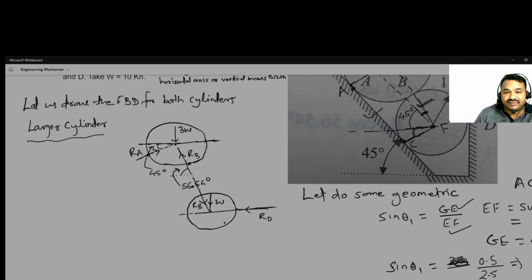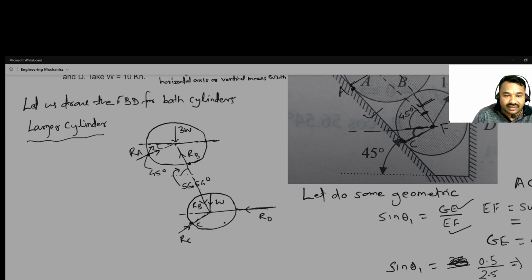The angle here with the horizontal is 0. Okay, but what about this one? This is the point C, the contact point, with the direction RC.